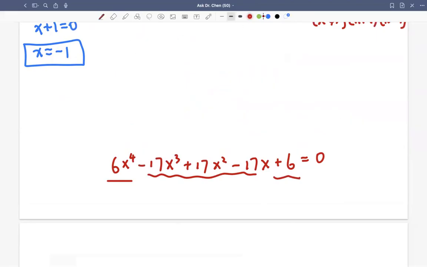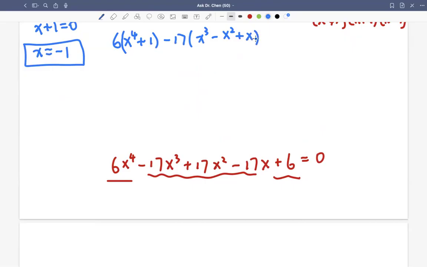Okay, let's work in this spot. So let's write 6x to the 4th plus 6. At least these two have a common factor of 6, right? Maybe we want to write it as 6 times x to the 4th plus 1. Then minus 17, let's factor out x cubed minus x squared plus x.